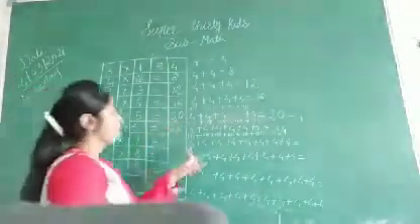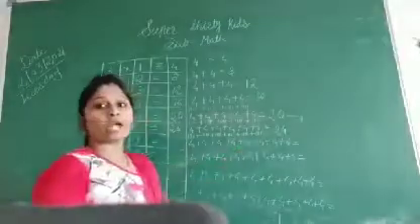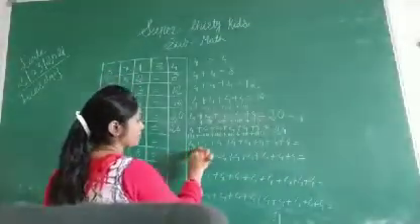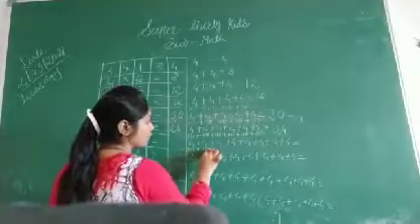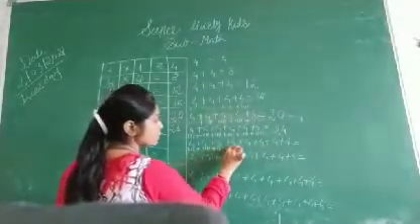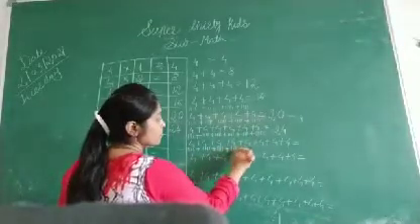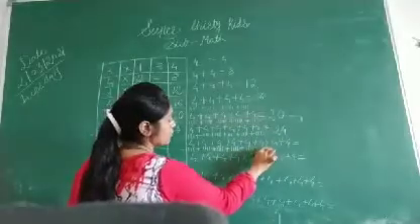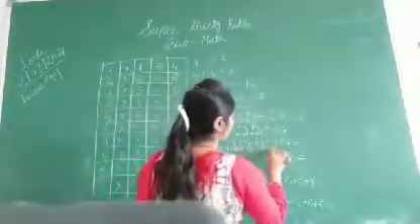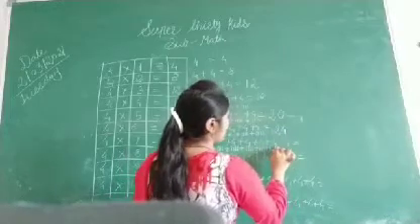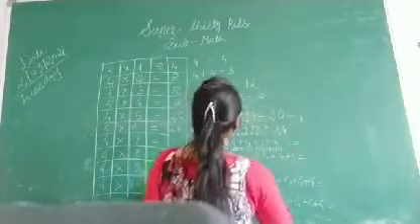Next. Now 7 times we add 4s. 1, 2, 3, 4 plus 1, 2, 3, 4 plus 1, 2, 3, 4 plus 1, 2, 3, 4 plus 1, 2, 3, 4 plus 1, 2, 3, 4 plus 1, 2, 3, 4.